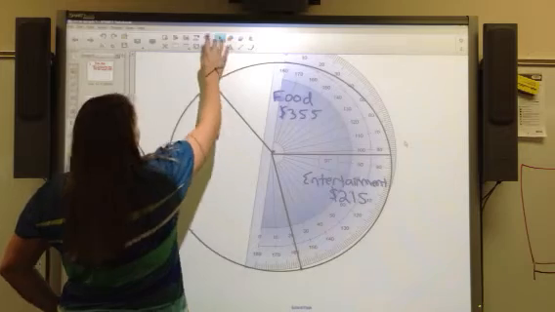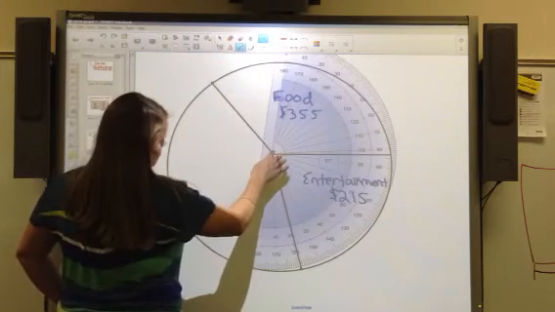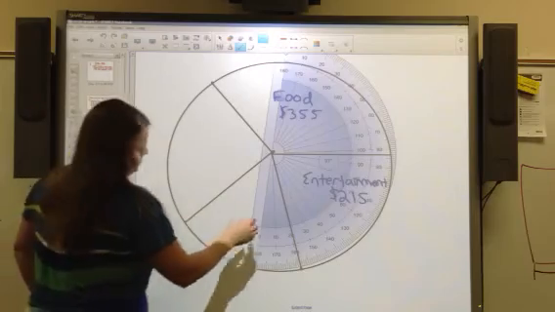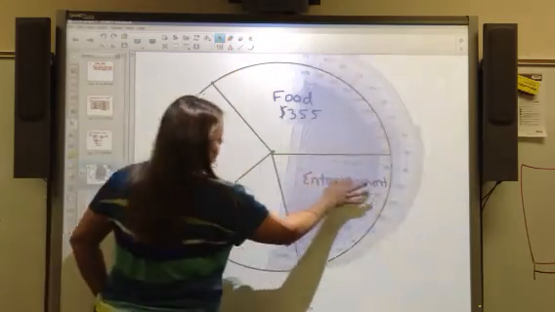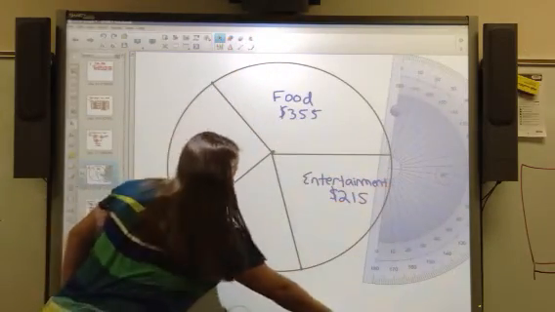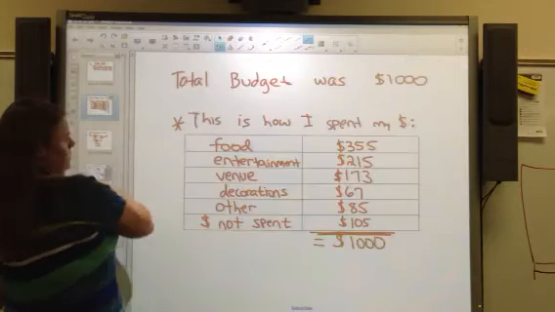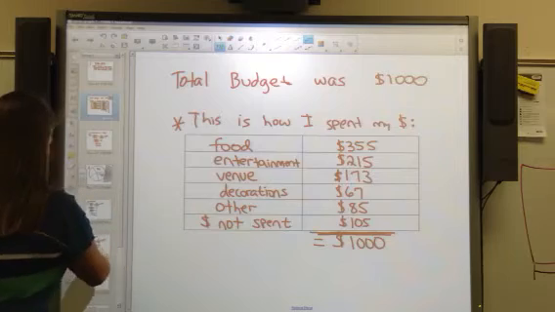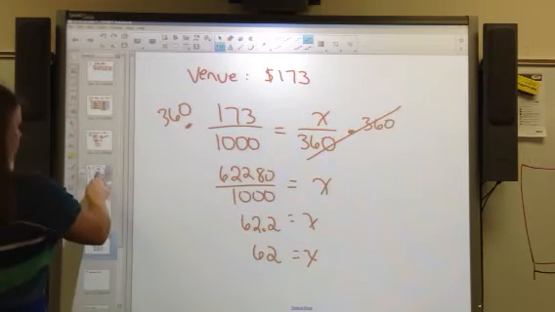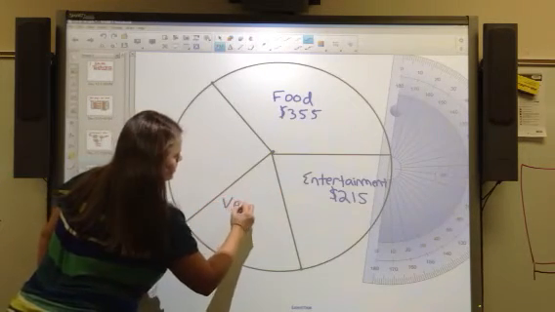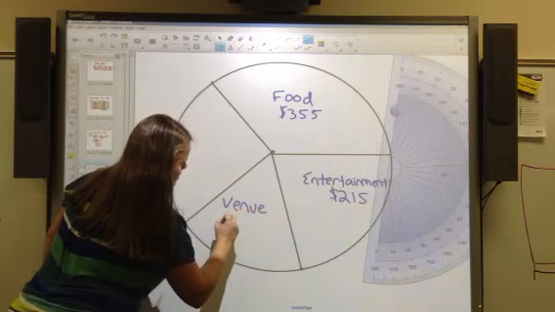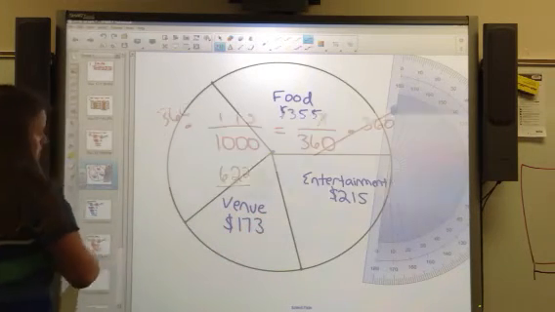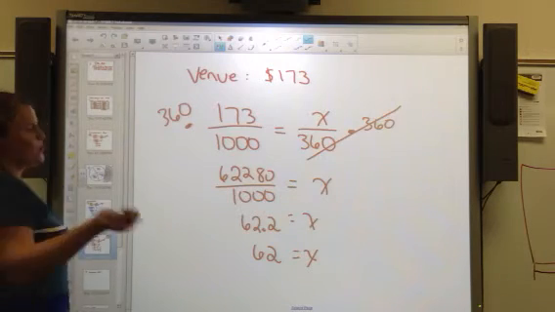So then I can take my line and connect it to my dot. All right. So now I have, this was the venue for 173. Is that right? Yeah. So the venue is $173. But again, the venue is only 62 degrees of the whole circle.